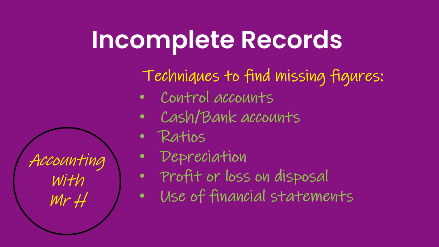For example, we could use an income statement, put in what we do know and work backwards to find where we've got missing figures. In the question in this video, I have included one aspect of all of the things shown in green, so we're going to look at all of the techniques in one question, and hopefully that will help you understand the topic.